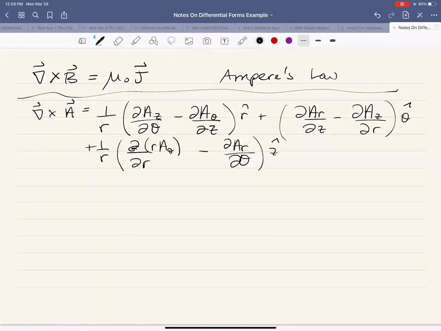Okay? So now yet again, that looks really long and scary, but let's think about our functions.